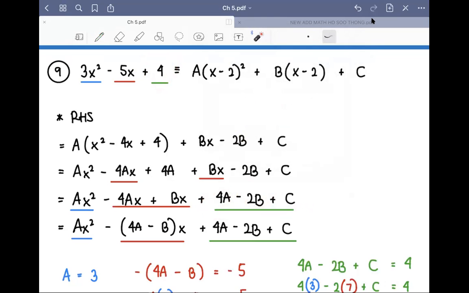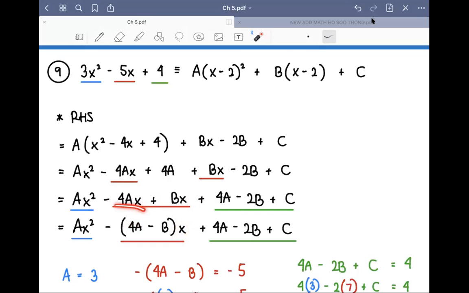All right, so what's after this? We need to factorize the common term for this one. So basically when you factorize this, you'll get 4a minus b times x outside. Again, the common term is x, and then divide each of these by x.